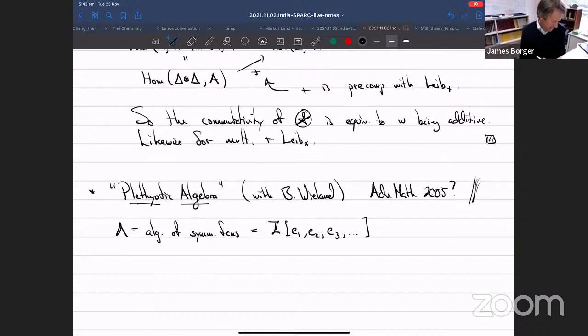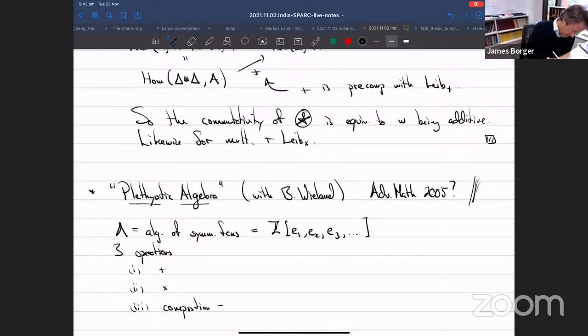Then there are three operations on Lambda. One is addition. Every ring is additive. Two is multiplication. Every ring has a multiplication. And three is composition, or plethysm. Some people call it plethysm.